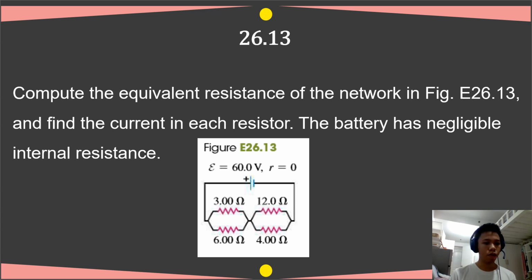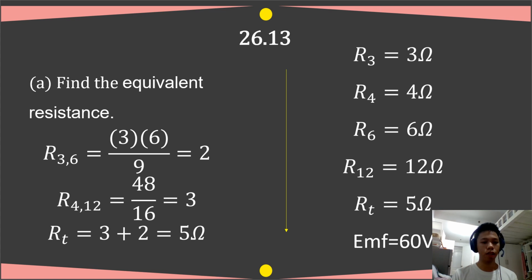Next problem. Compute the equivalent resistance of the network and find the current in each resistor. The battery has negligible internal resistance. First of all, we're going to find the equivalent resistance, which is just the total resistance of the entire circuit. For the resistors connected in parallel, you use the product over the sum, substitute the given values, and you're going to get 2.